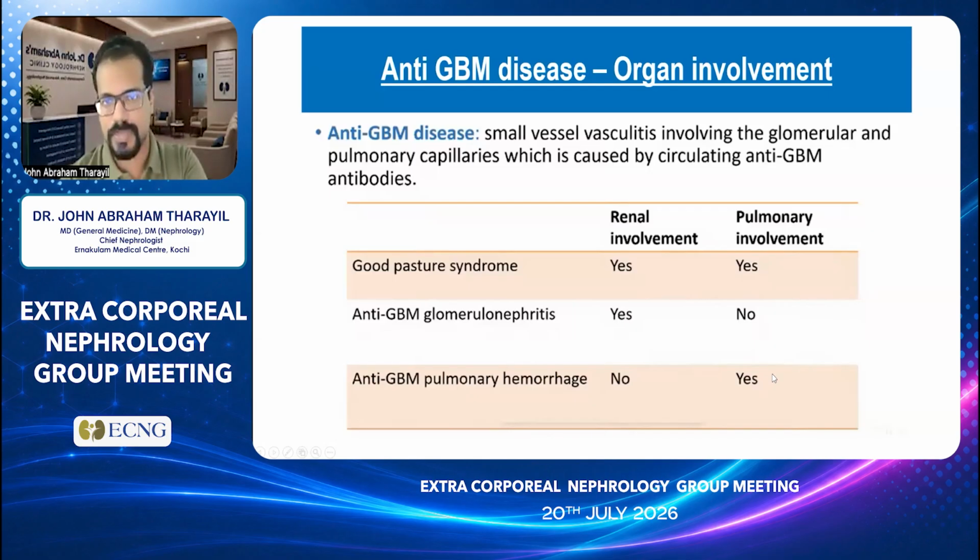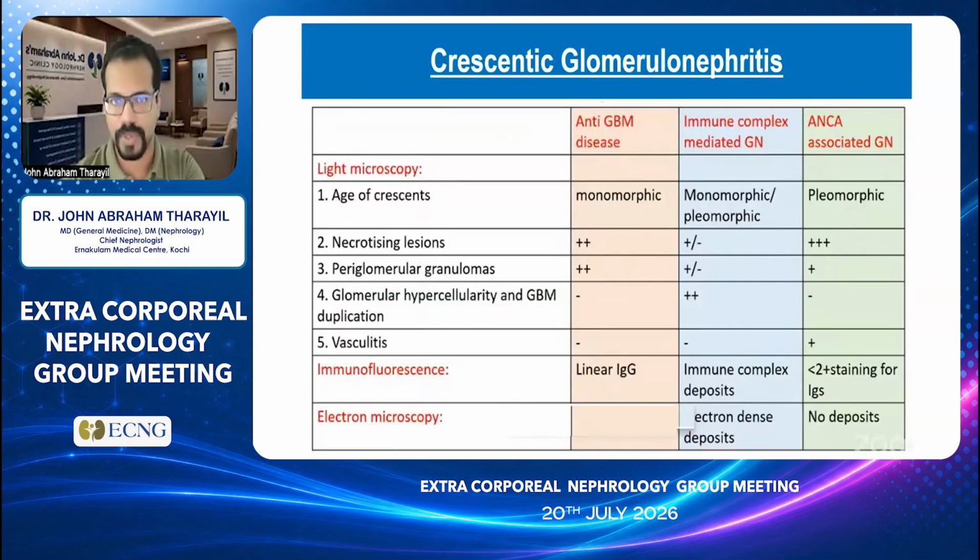So this is a small vessel vasculitis which involves the glomerular and pulmonary capillaries, caused by circulating anti-glomerular basement membrane antibodies. To call it a crescentic glomerulonephritis, you need more than 50% crescents in a renal biopsy.